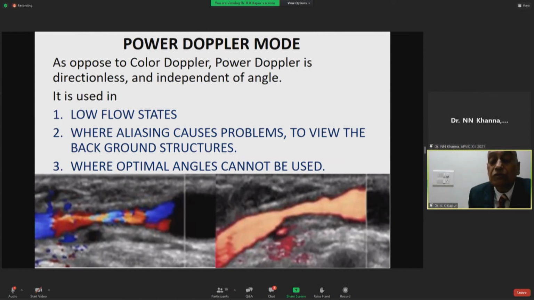You have a power Doppler mode, which is used when you have low flow states or when aliasing causes problems and you cannot view these background structures, and where optimal angles are not available. Then this is a non-angle dependent power Doppler, which you can see on the right-hand side, and you see that the quality of the image is better as compared to the regular Doppler on the left-hand side.